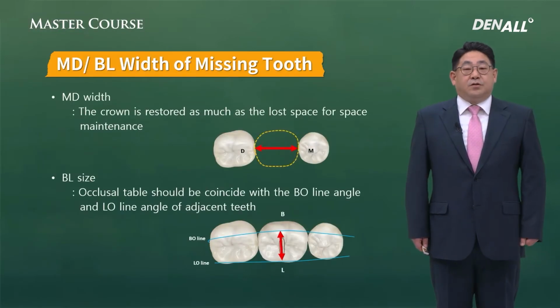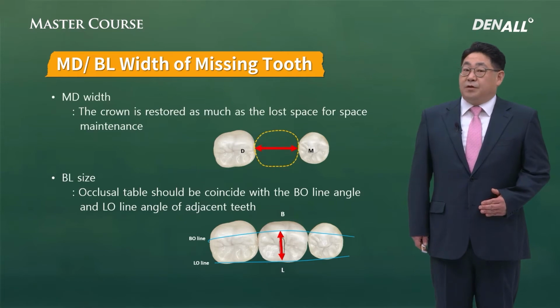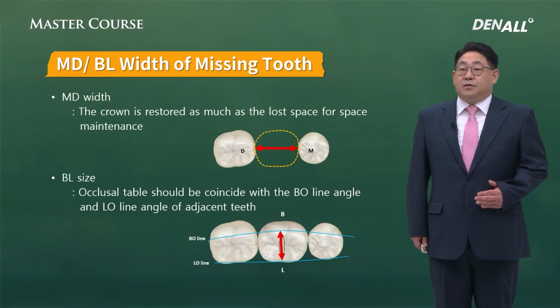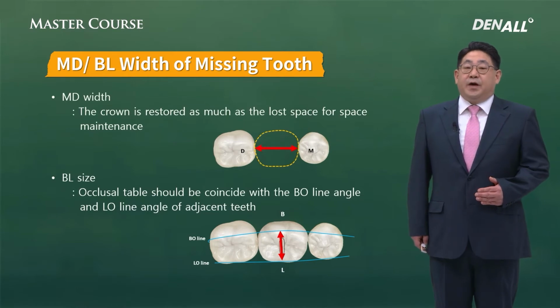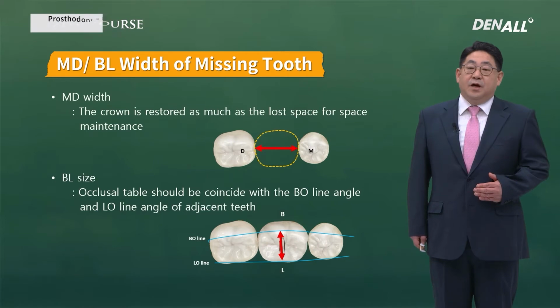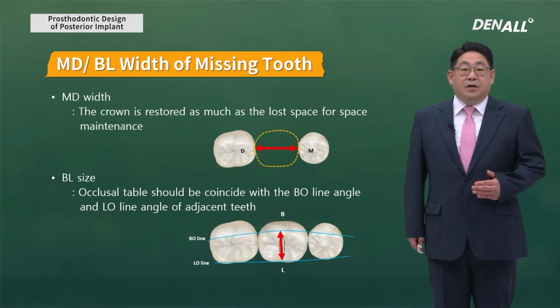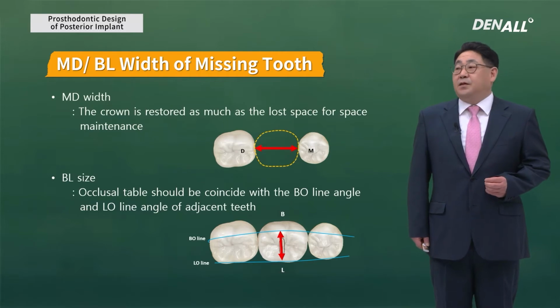Let's look at mesiodistal width and buccolingual width, which determines the size of the crown. As shown, the mesiodistal width is set as the face with adjacent tooth, except when we need to adjust the form of adjacent tooth in the future. It should be in tight contact with the adjacent tooth on both sides.